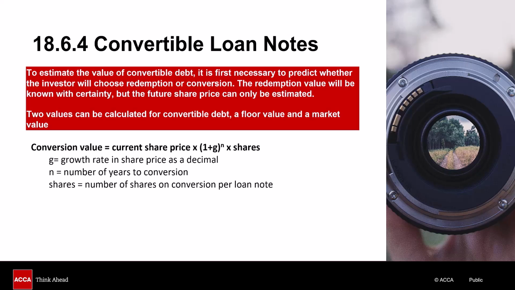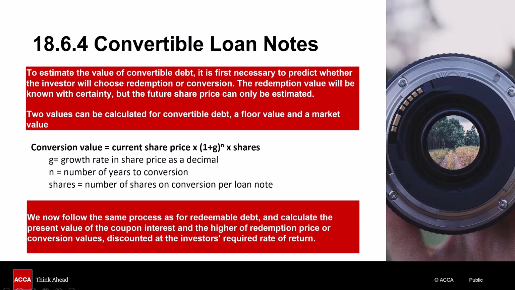So here we have a formula for that conversion value. It's the current share price times a growth rate over the term of the loan note times the number of shares that you get on conversion per loan note.